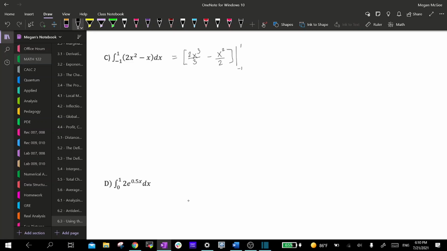All right. Again, if you need any more details on in-between steps, please shoot me an email. But let's go ahead and plug this in. So we have 2/3 times 1 cubed minus 1 squared over 2, minus 2/3 of -1 cubed minus -1 squared over 2.